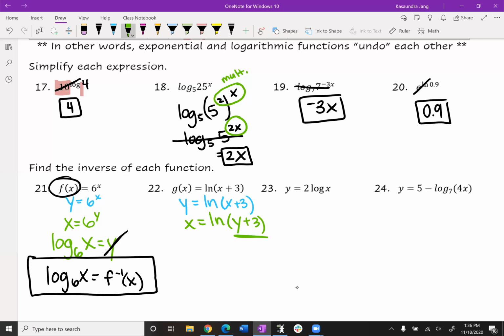So Landon, I'm going to reach out to you. Do you know what the base is on this one? I can't see the little, like this one was a base 6, but I can't see what the base is on this one. Can you tell what it is? Landon, are you there, hon?